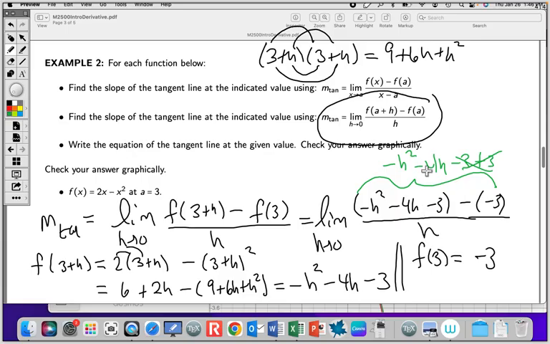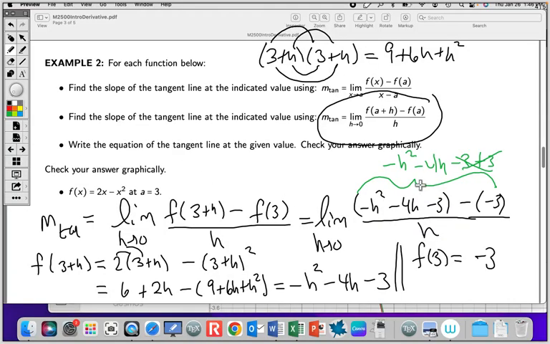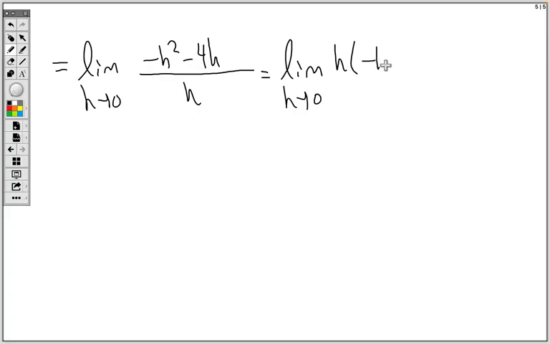So those would cancel out. And let's go ahead and finish this one off here. So when the dust settles in the numerator, I'm left with a minus h squared minus 4h divided by h. So, as promised, I can factor out an h. Look what happens.